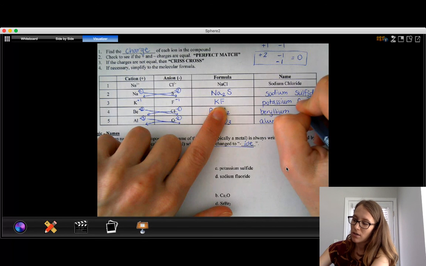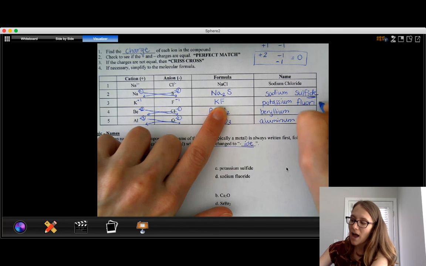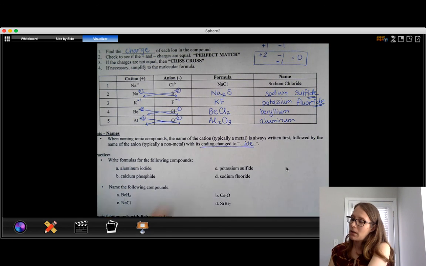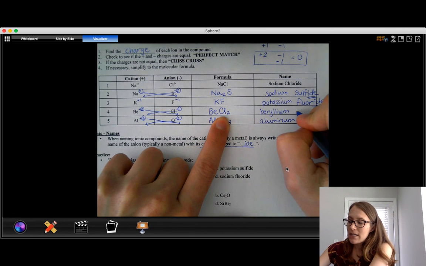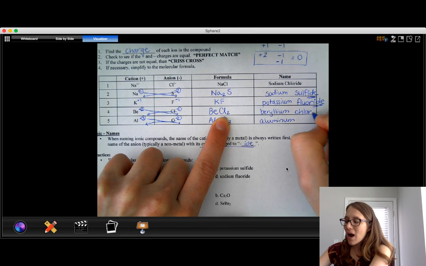So I'm going to start by writing fluor, and then instead of ine, I'm going to write ide. So fluoride. Okay, so notice we're not adding this on. We're not saying fluorine-ide. We're not tacking it onto the end. We're actually changing whatever the previous ending is into ide. Next is chlorine. So instead of chlorine, I'm going to write chloride.